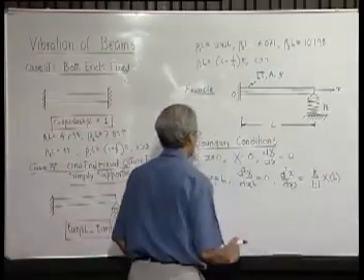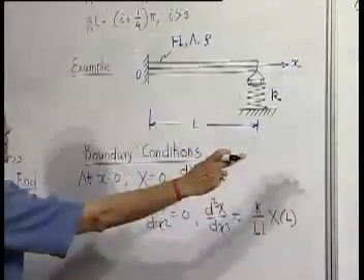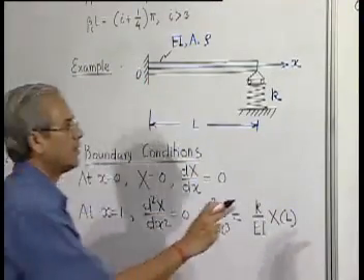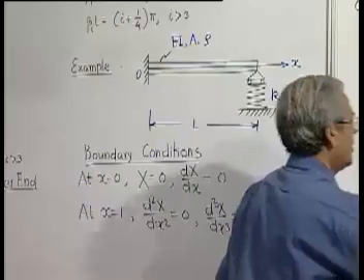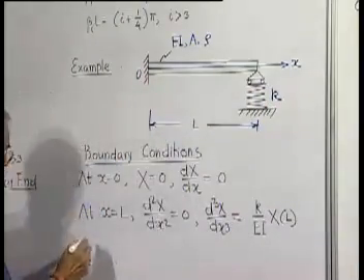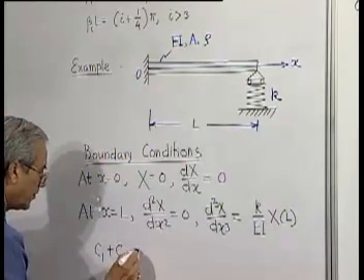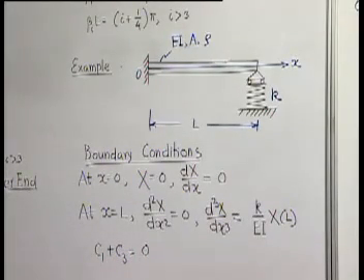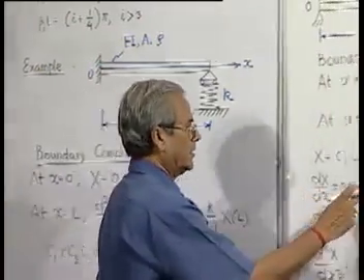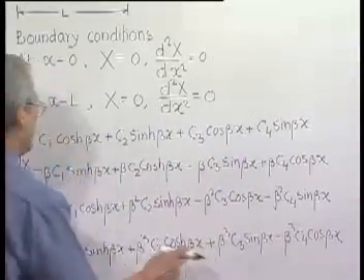When you solve, first of all these two, if we substitute, at x is equal to 0 these two terms vanish, so C1 plus C3 equal to 0. Then again here at x is equal to 0, these two terms vanish.